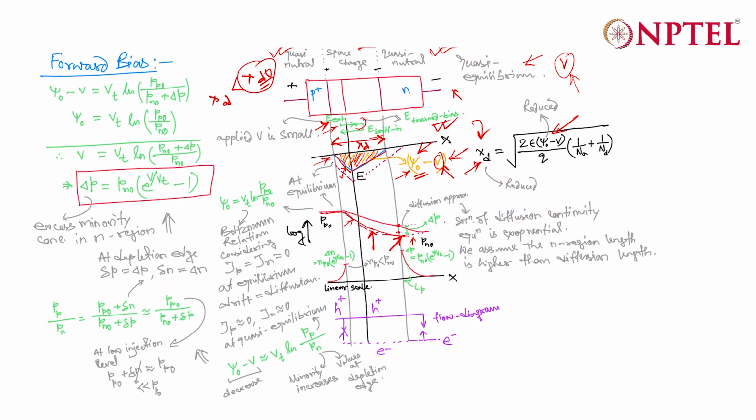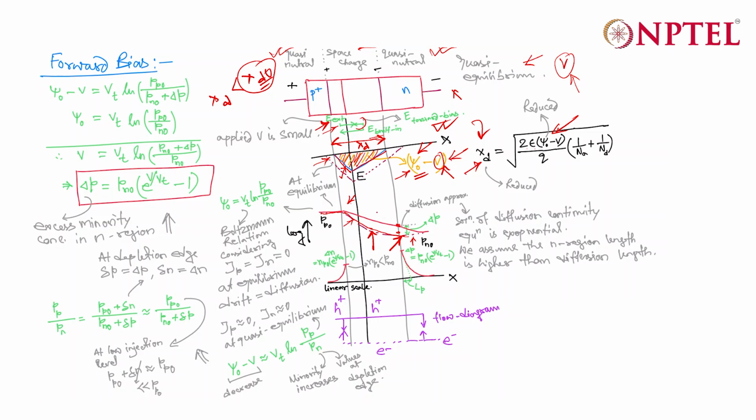So as we are considering the hole is the minority carrier in the N side, the new concentration under quasi-equilibrium situation, where you have an external potential or external voltage, you'll find that the concentration is a bit higher.